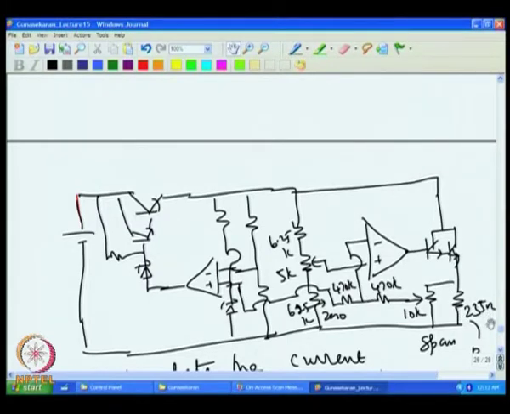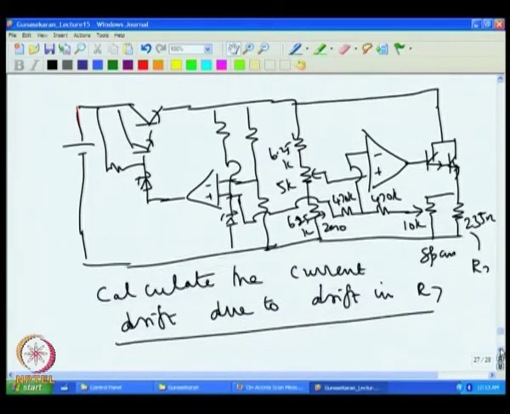We can calculate the current change, and that depends upon the actual current that is flowing. The easiest way would be assuming that around 16 milliampere current is flowing at the maximum. So, 235 ohm gives you 16 milliampere current, then what is the current for 1 ohm? That would be the easier route to find the error due to the resistance change.